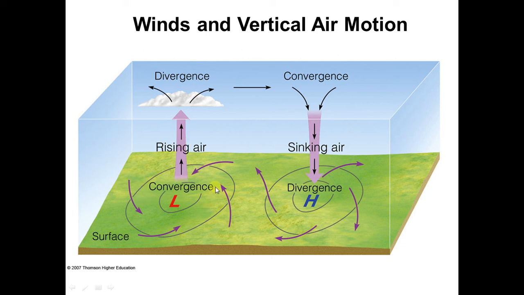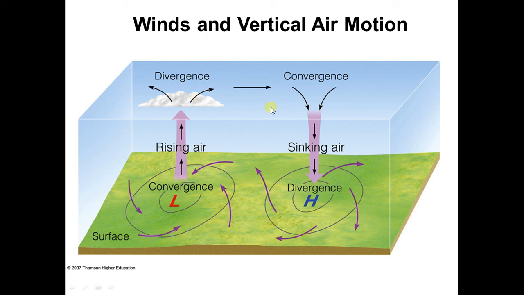Air blows counterclockwise and inward toward the low, right? Now air can't just pile up, and it can't go into the ground, so it rises. And that can produce clouds. Eventually, at higher altitudes, the air begins to spread out, it can reach the tropopause, and air diverges.